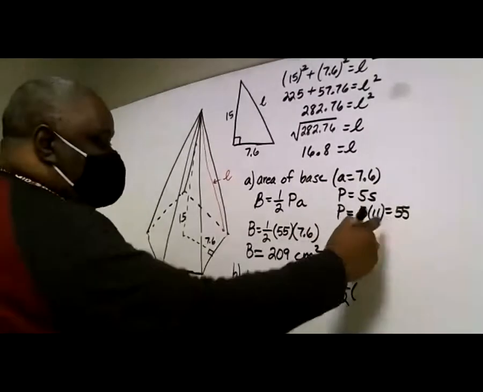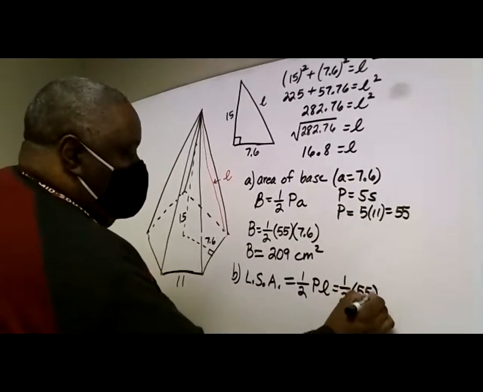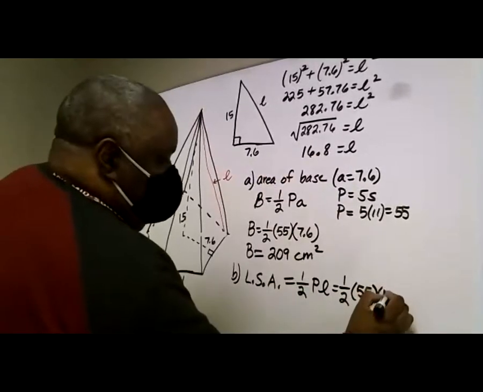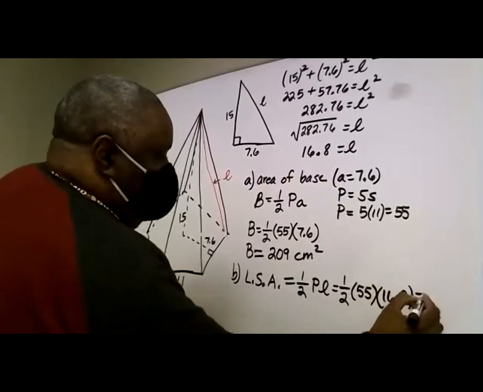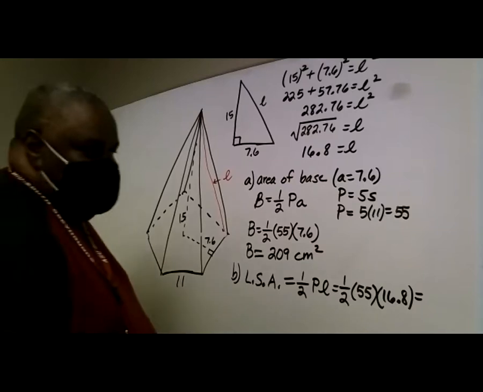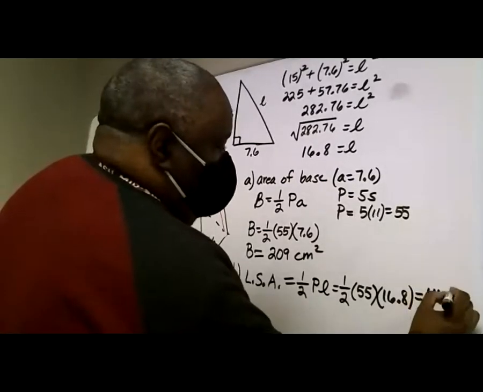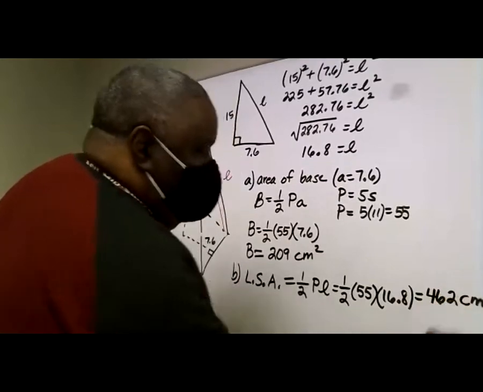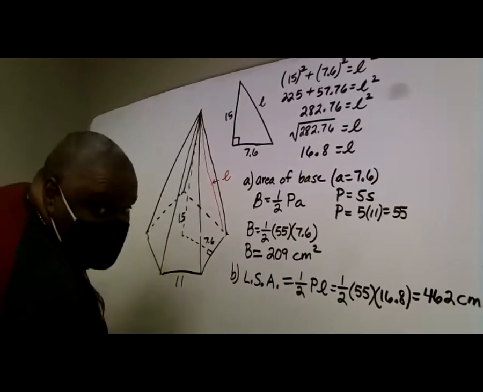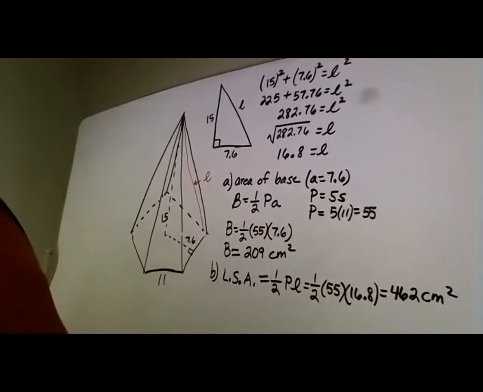The perimeter, I found that out to be 55. And we just found out what the slant height was. That's this L, 16.8. This is what I come up with, 462 square centimeters. That's the lateral surface area.